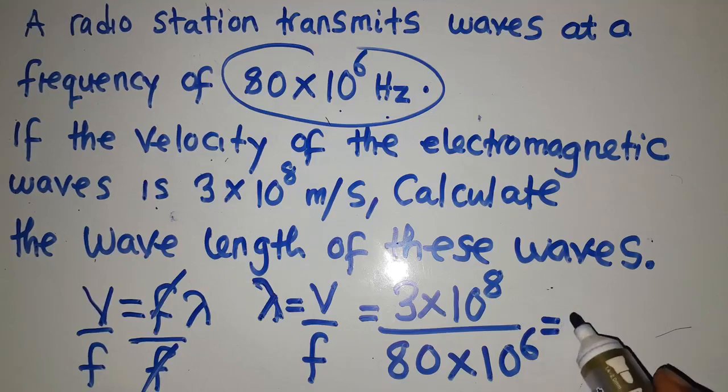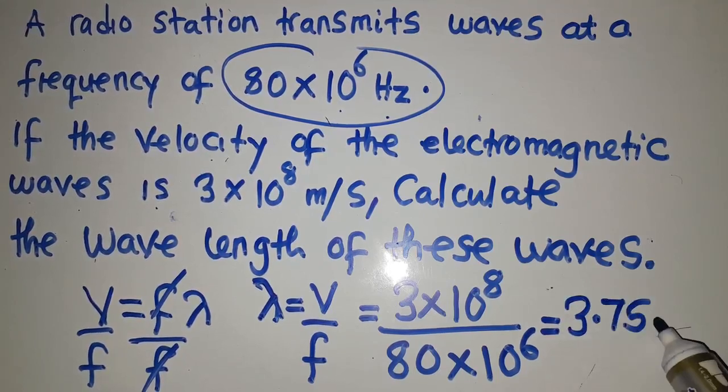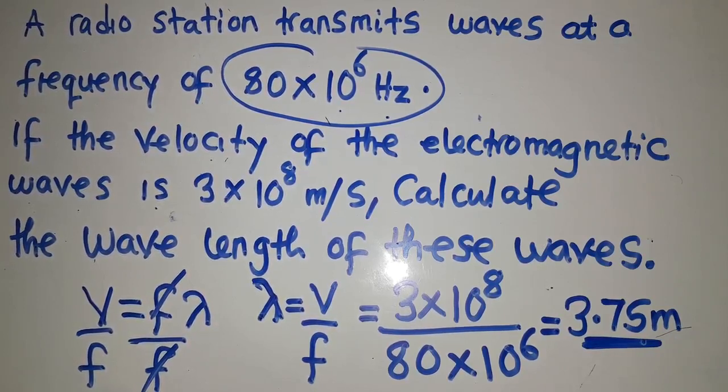What answer are you getting? You are going to get 3.75. Then you know that this is wavelength, so you put meters. So this is how we were supposed to answer the question.